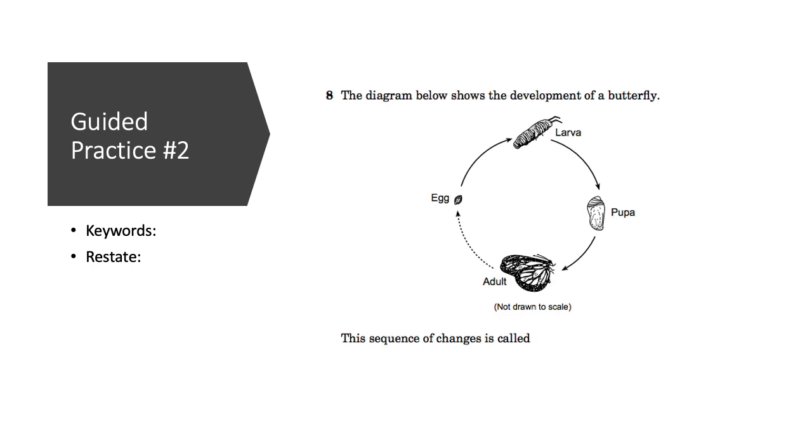The diagram below shows the development of a butterfly. This sequence of changes is called. Pause the video here, write down your keywords and your restated sentence or question, then unpause to find out the answer.